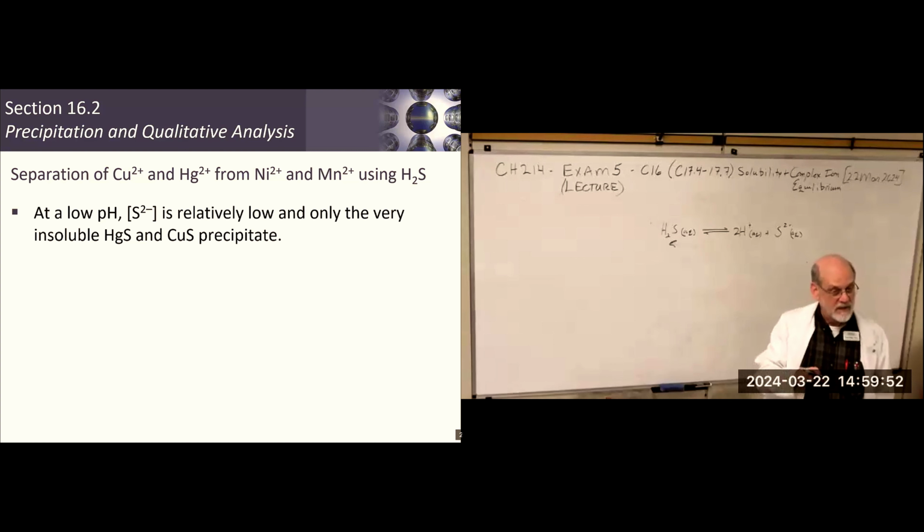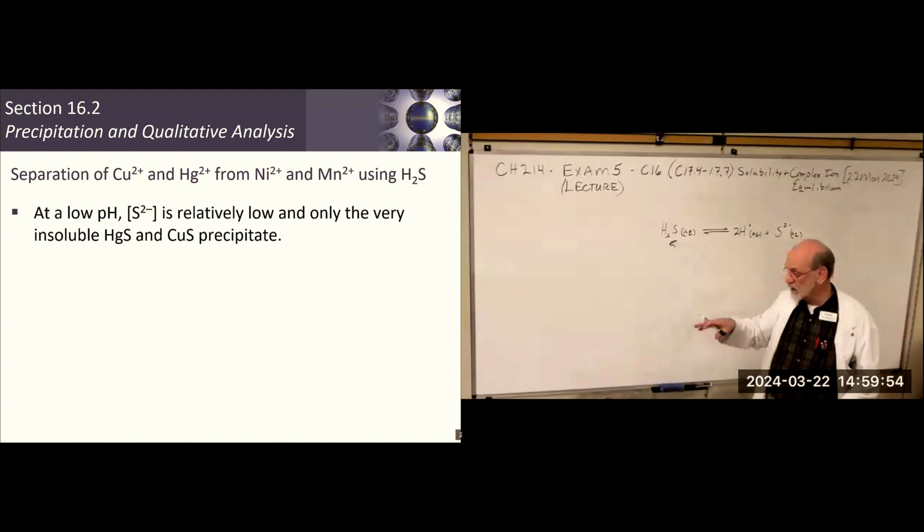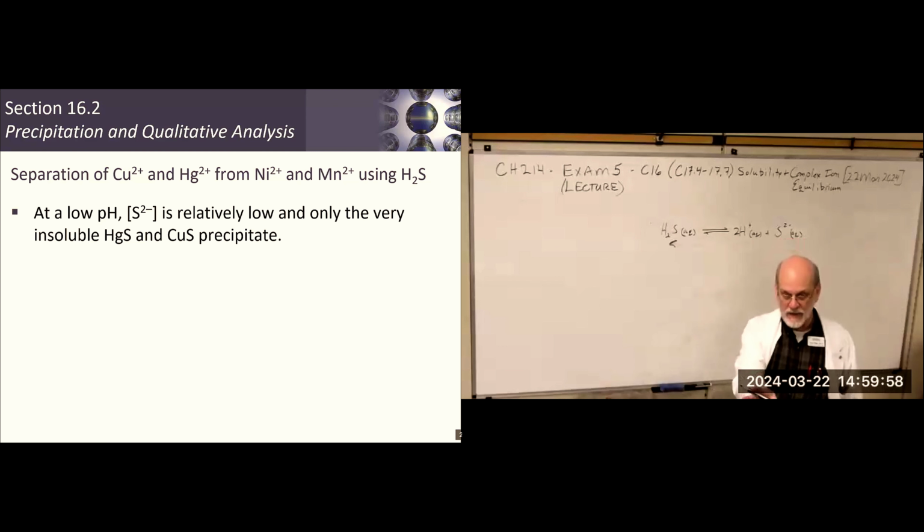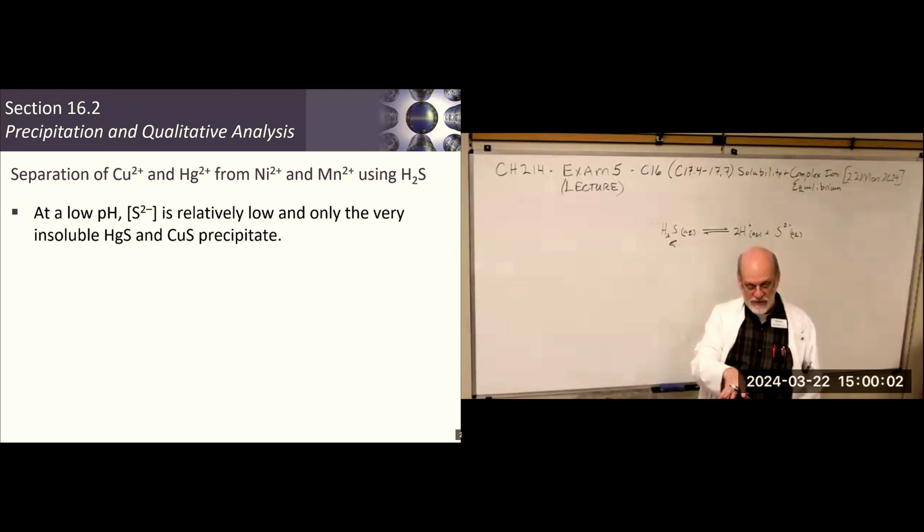And that means that when you calculate the Q with the sulfide concentration and the other metal ions, the value is going to be too low for some of them and okay for others. It just depends on the KSP.